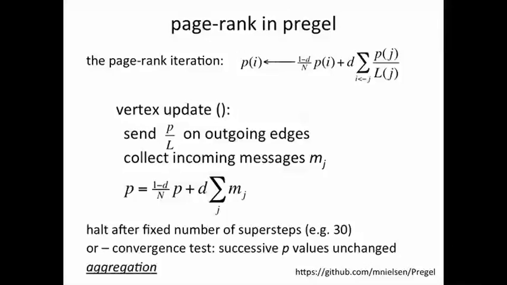So if there's a vertex j which is pointing to i, which has a huge number of outgoing edges, so that i is very unimportant for that vertex j, it's just one of millions of outgoing edges for j, then its page rank when it flows into i is not considered very important. However, if i is the only vertex that j points to, then L is 1, and its importance is much higher as it flows in to i.